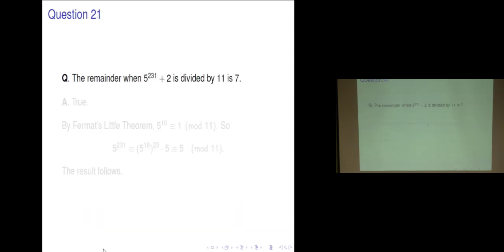Okay, so we move on really quickly to number theory. The claim is that when 5 to this power plus 2 is divided by 11, the remainder is 7. So we want to find the remainder.